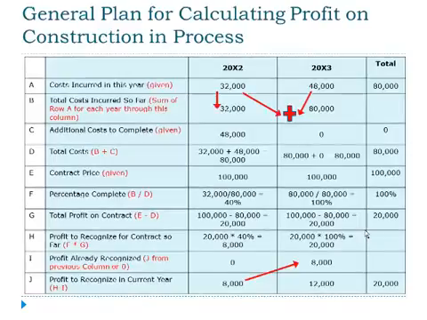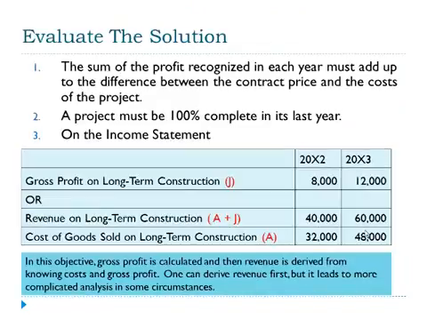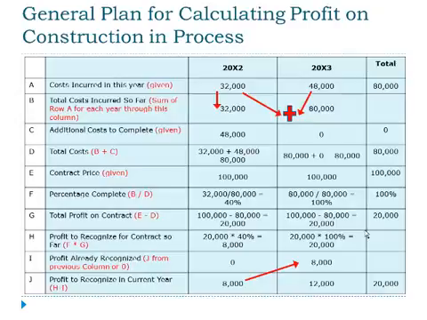Here's a table that lays out the process for calculating the profit on construction in process. It takes it step by step, and I've used the labels on the rows to help you identify the calculations that are done each time. In this case, the costs incurred in the first year are $32,000.